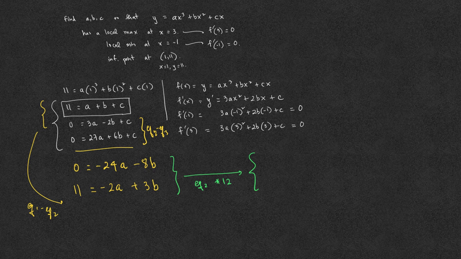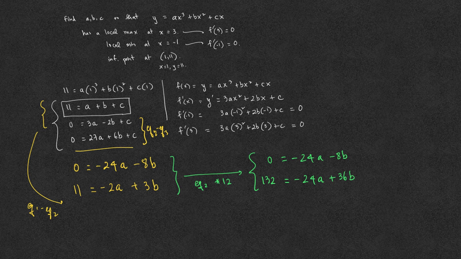Leave the first equation alone: 0 equals -24a minus 8b. The second equation is now 11 times 12, which is 132. -2a times 12 is -24a. 3b times 12 is 36b.